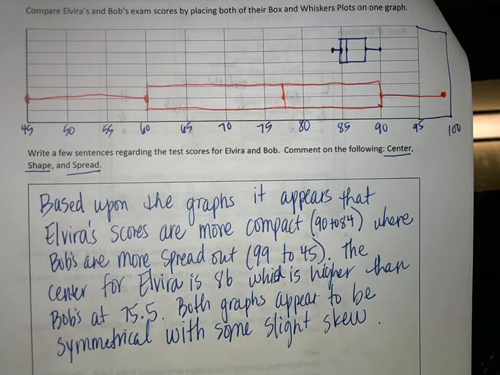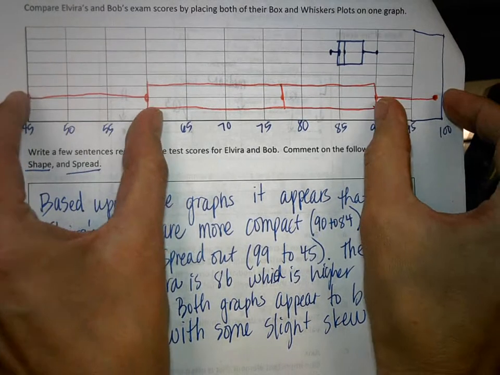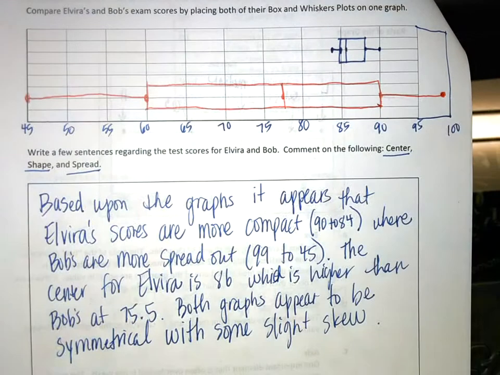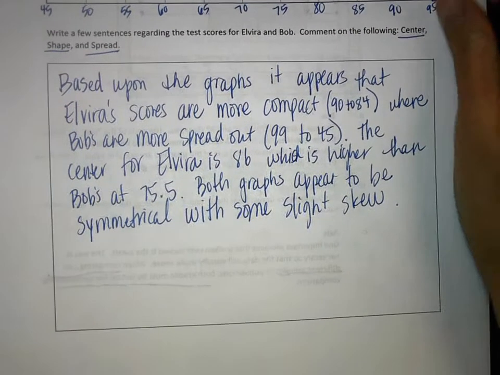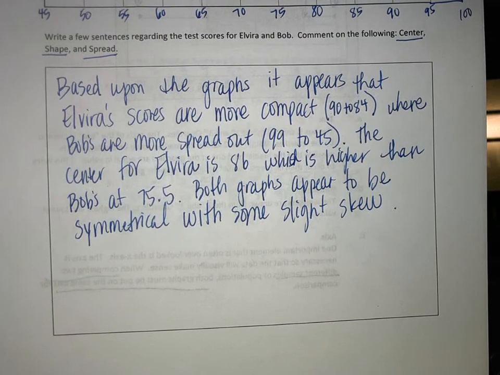So if you look, they are pretty symmetrical in terms of like what's on each side. But yes, there is some skewness. It's not like it's exactly symmetrical. It's not exactly in half everywhere.